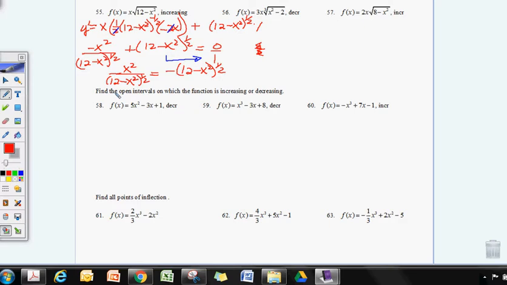At this point, you need to think about cross multiply, and 1/2 times 1/2 is 1. That works awesome. So I'm left with x squared equals -(12 minus x squared).